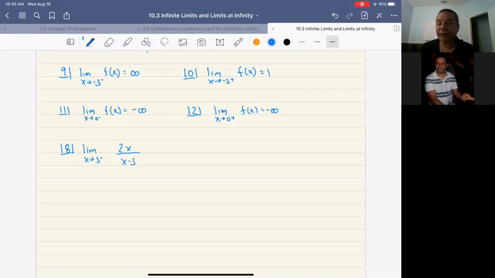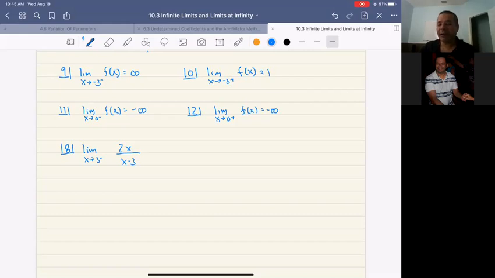We could try to graph this. You could graph this if you like, but it may be a little bit difficult. I know how to graph it. I'm not trying to avoid graphing it, but I want to teach you how to do it without having to graph it. So what I'm going to do, I'm going to put that 3 in.